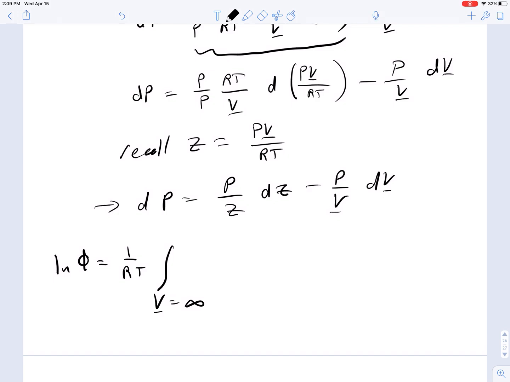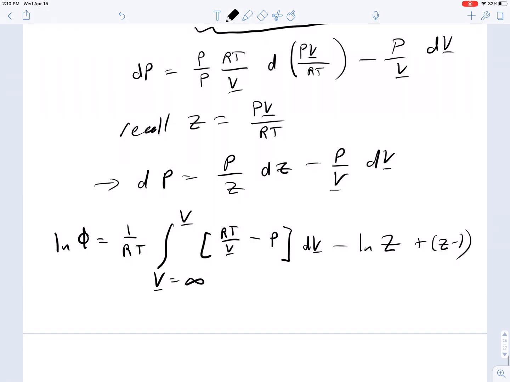Volume going to infinity is the same exact thing as pressure going to 0. Of RT over V under bar minus P, dV under bar, minus log of Z, plus Z minus 1.